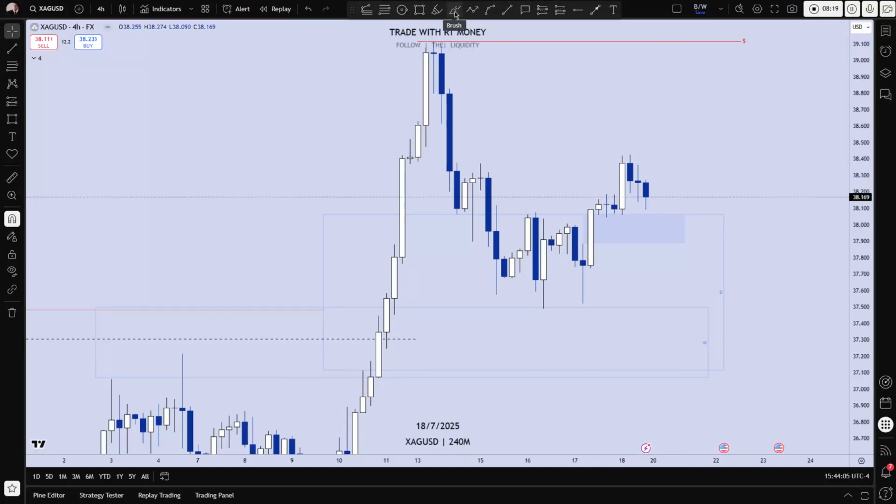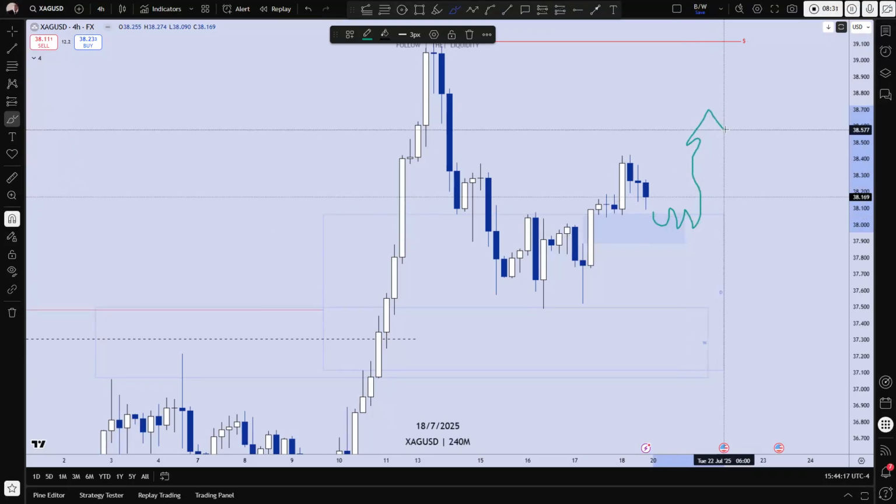What I just described is confluences of support. All right. I'm looking for price to come into this daily fair value gap. I mean, this 4-hour fair value gap to seek higher prices. All right. And that's it. It's that simple. All right. No need to overcomplicate anything else.